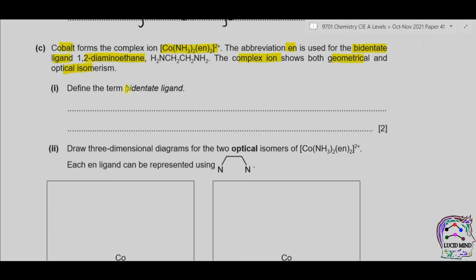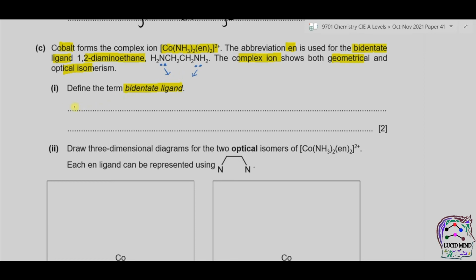First is that define the term bidentate ligand. As we can see that this is 1,2-diaminoethane. On this nitrogen we have a lone pair of electrons. On this nitrogen again we have a lone pair of electrons. So therefore this ligand can interact from two places. It can donate two lone pairs of electrons and form two coordinate covalent bonds. So therefore it is called bidentate ligand.